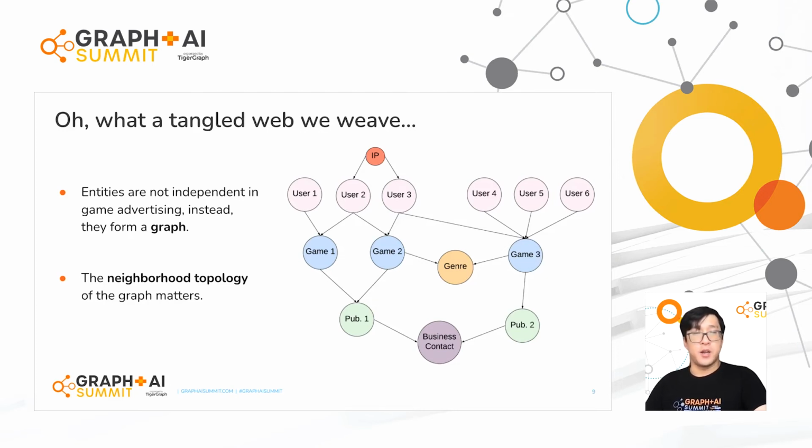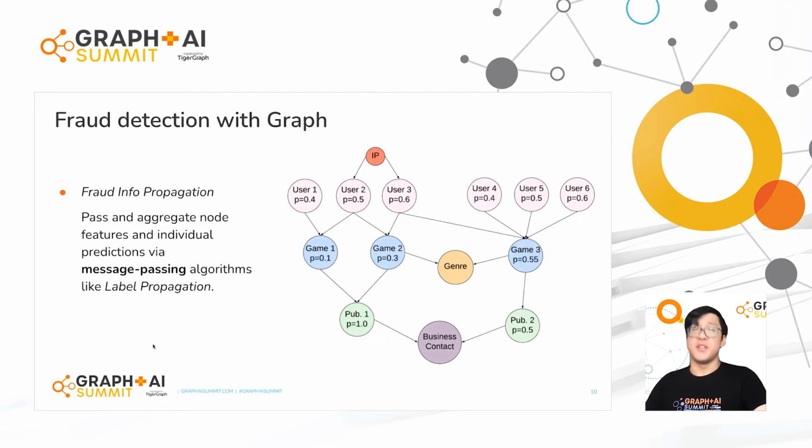So let's move on and see what approaches we're using. One of the approaches we're using to perform graph-based fraud detection is fraud information propagation. For example, as I just mentioned, we have multiple independent pipelines for predictions at different aggregation levels.